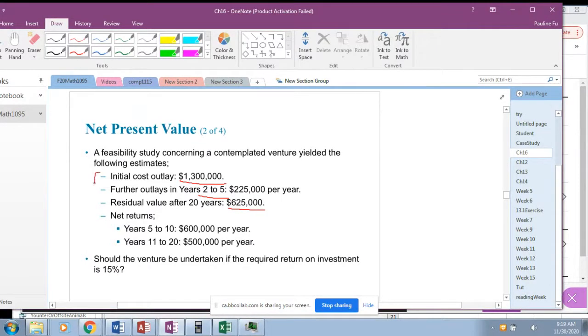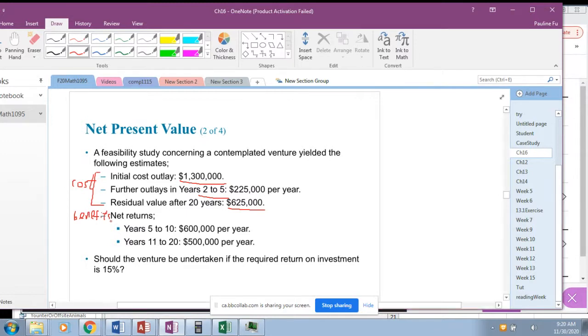Those items are the costs, and the net returns are the benefits. So you are going to compare cost with benefits at the same time, for example as of today.